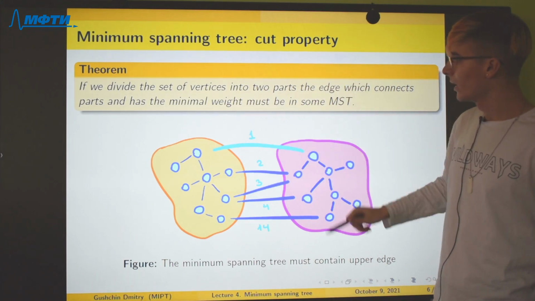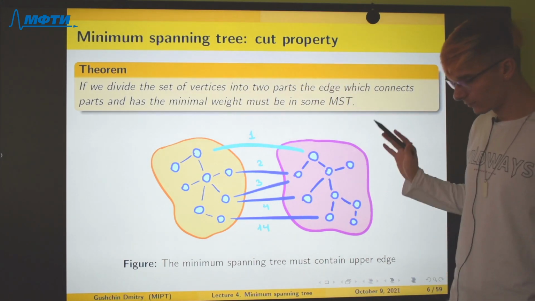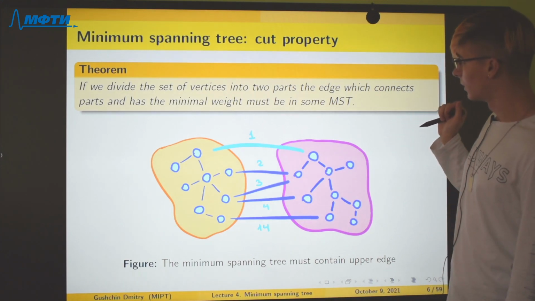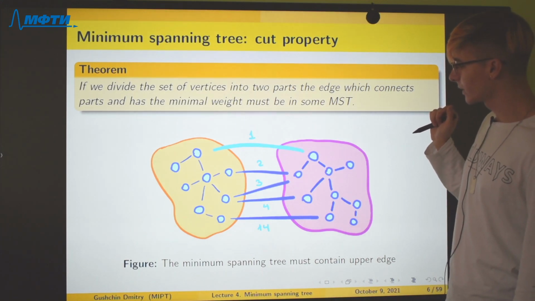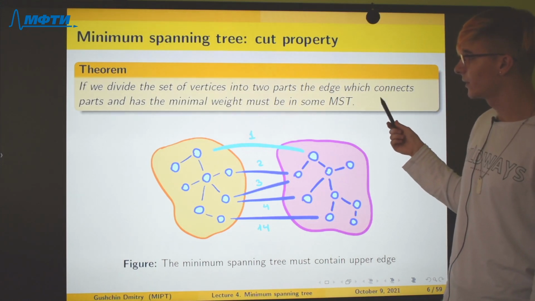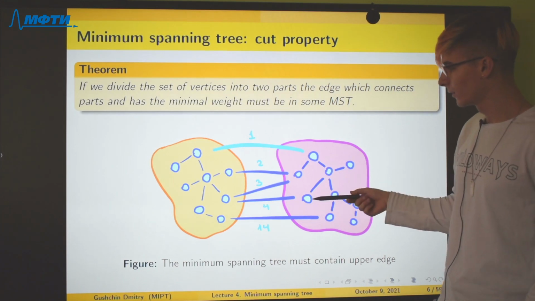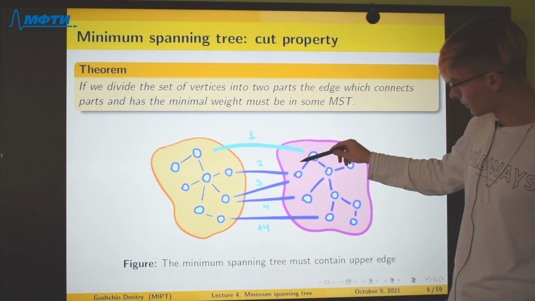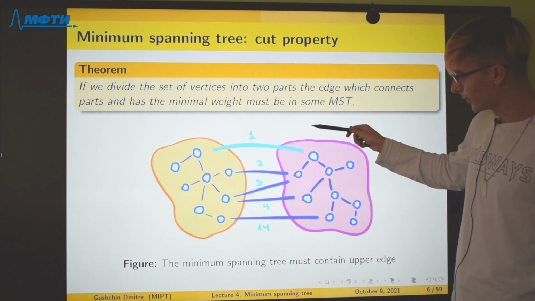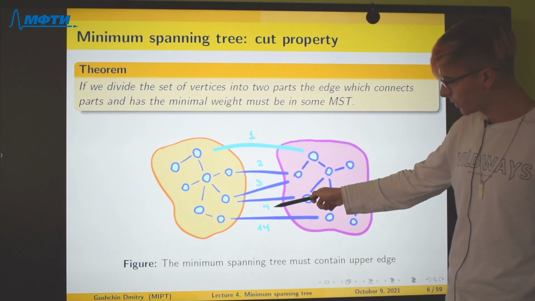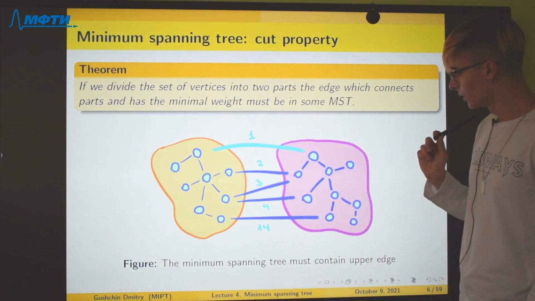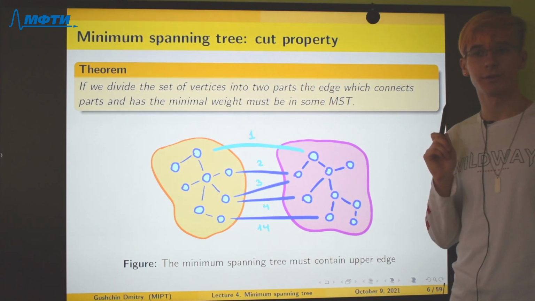Today we need to work with minimal spanning trees, and we can prove this theorem: we have some cut, and we have different edges that connect these two parts of the set of vertices.